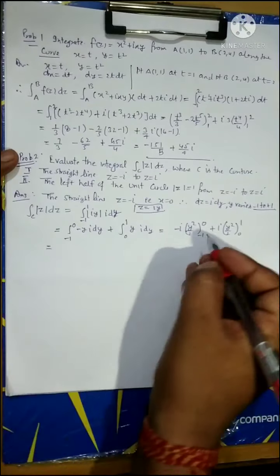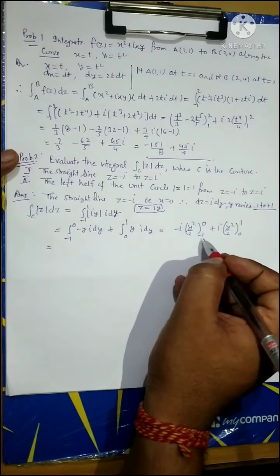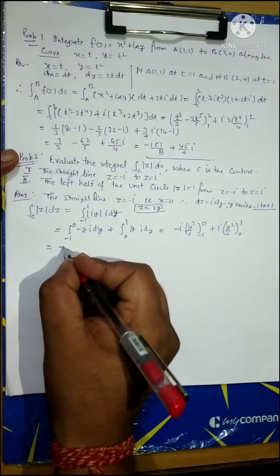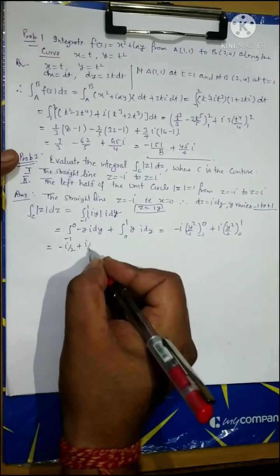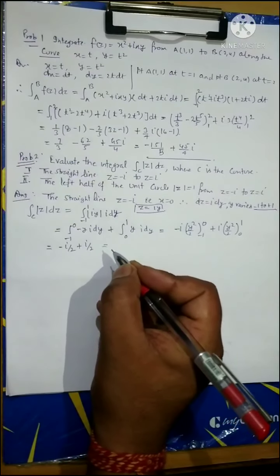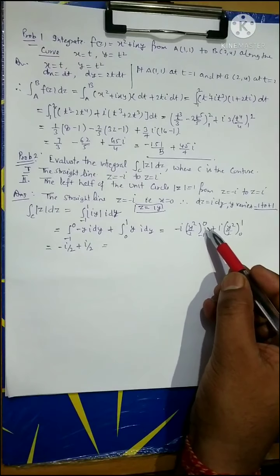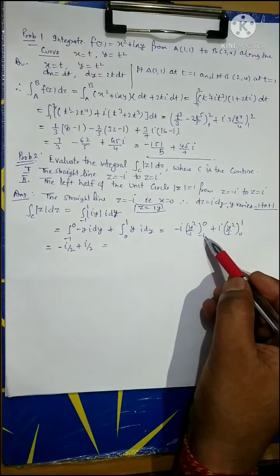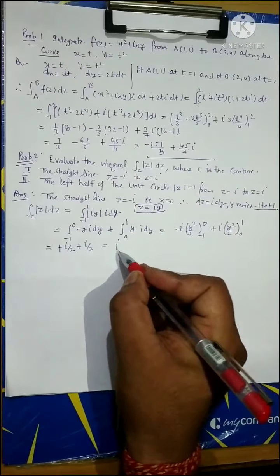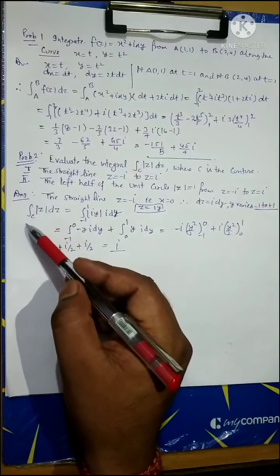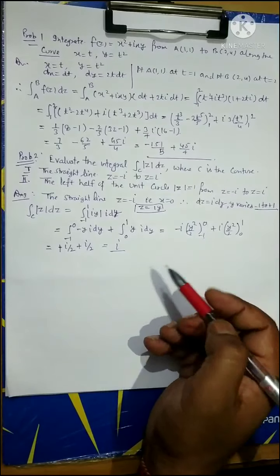Taking lower and upper limits gives i/2 plus i/2. Therefore the complete solution, the integral over contour C of |z| dz, equals i.